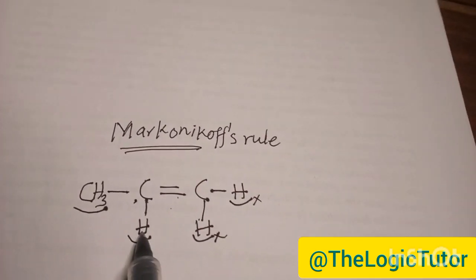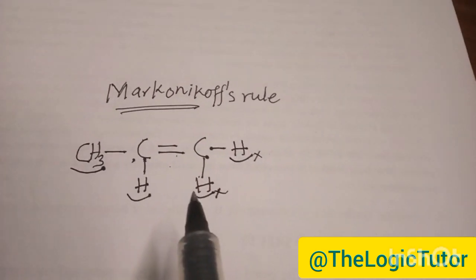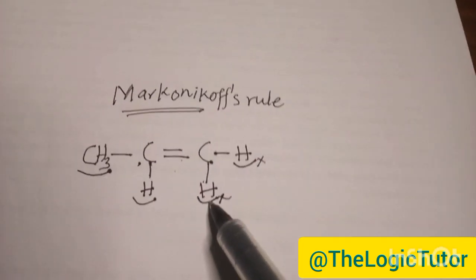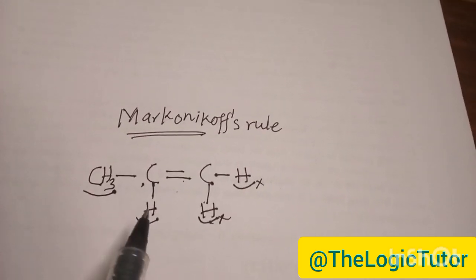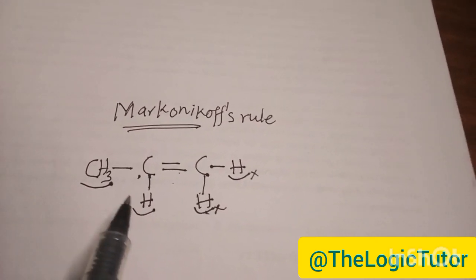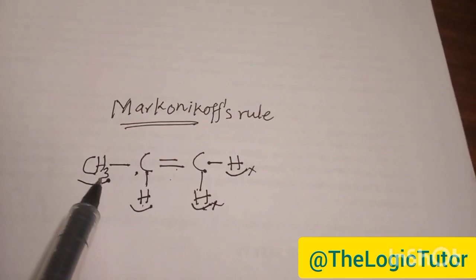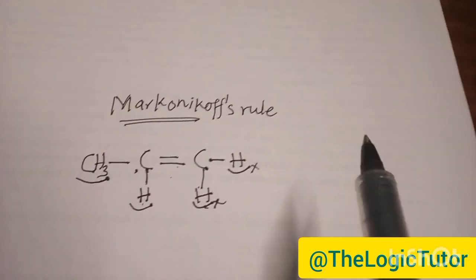Suppose we had two hydrogens alongside here, then it wouldn't be unsymmetrical. But because we have a hydrogen here and a methyl here, that makes this compound unsymmetrical.